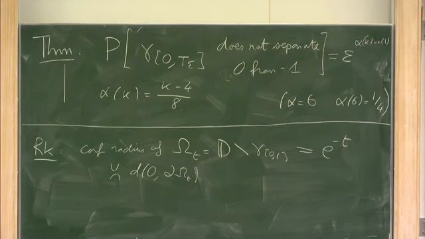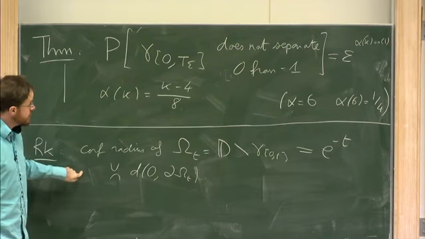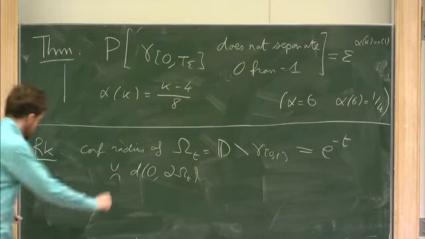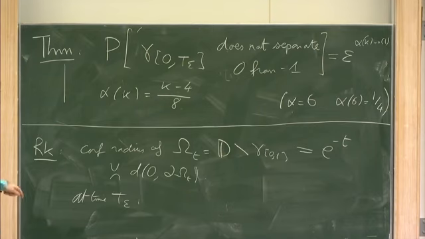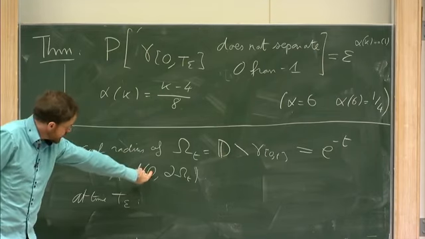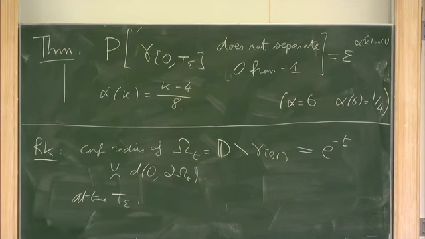So if you apply these results from complex analysis at the time t epsilon, the distance between the origin and the boundary is exactly epsilon, because t epsilon is the first hitting time of this radius epsilon. So at this time, you are at distance epsilon. That's just the definition.